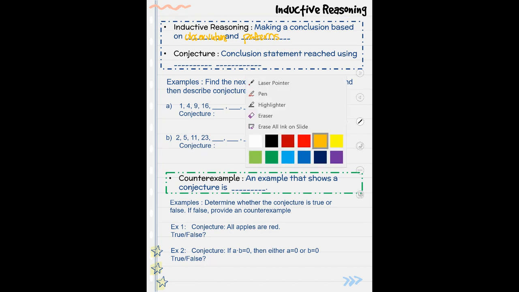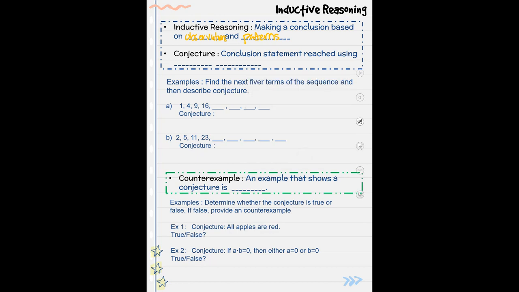And so conjectures are conclusion statements reached using our inductive reasoning.